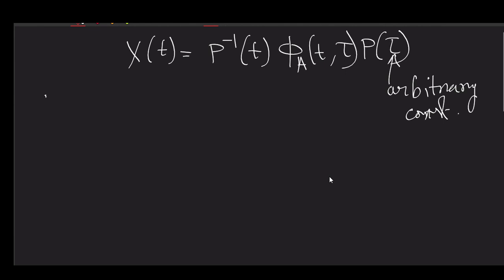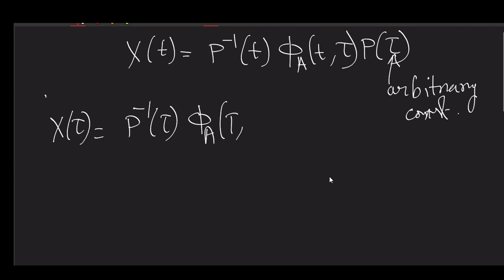So here we are getting, now clearly we can write that x(tau), if you put it here, then what you will get, correct?